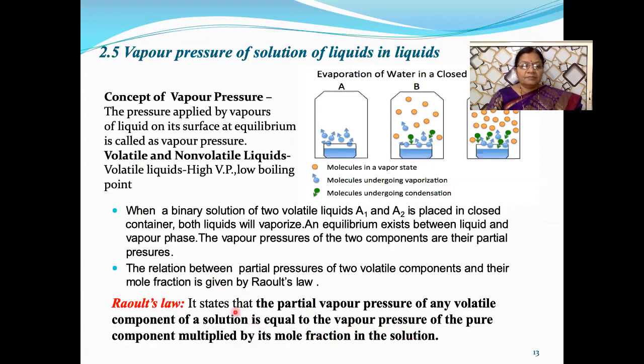See again, Raoult's law: partial vapor pressure means the individual pressure of that component. The partial vapor pressure of any volatile component of a solution is equal to the vapor pressure of the pure component multiplied by its mole fraction in the solution.